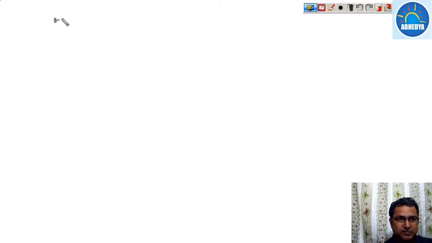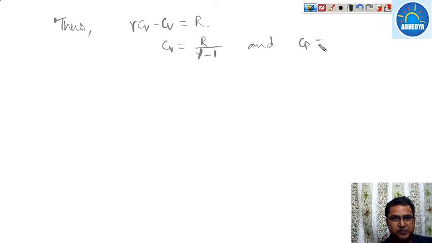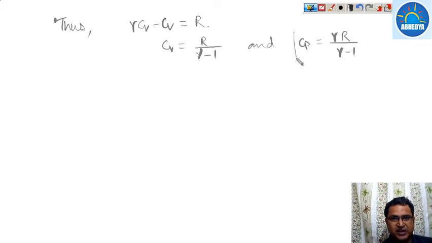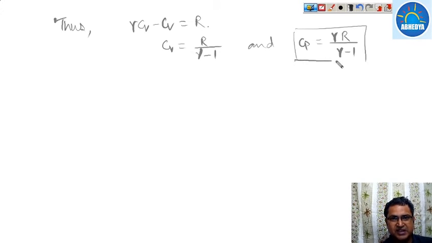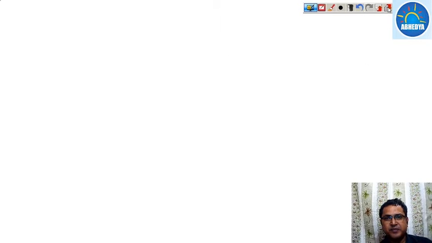Thus gamma Cv minus Cv is equal to R. So Cv comes to be R upon gamma minus 1 and Cp comes out to be gamma R upon gamma minus 1, where gamma is known as the ratio of specific heats.